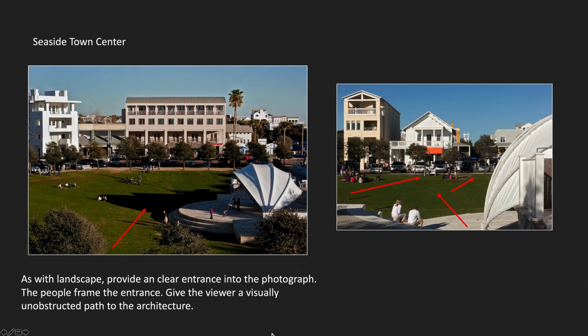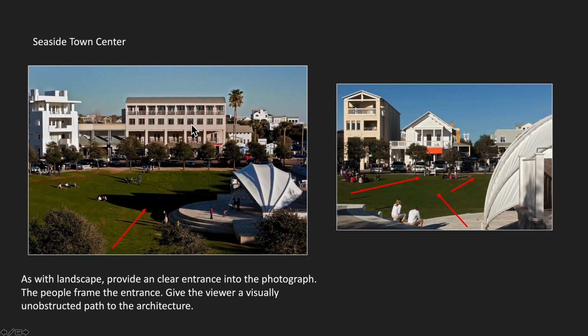So this is a seaside town center, and like with landscape, I've given you a way in, and the people here are just supporting this idea of this public space where people are here, but your eye easily goes back to the architecture, which is really what I want you to see.